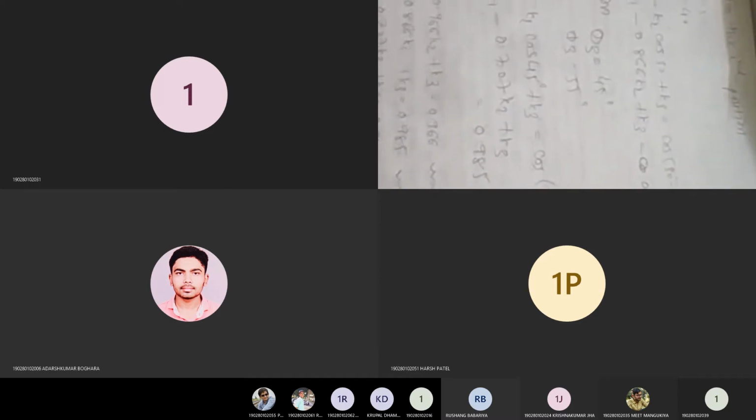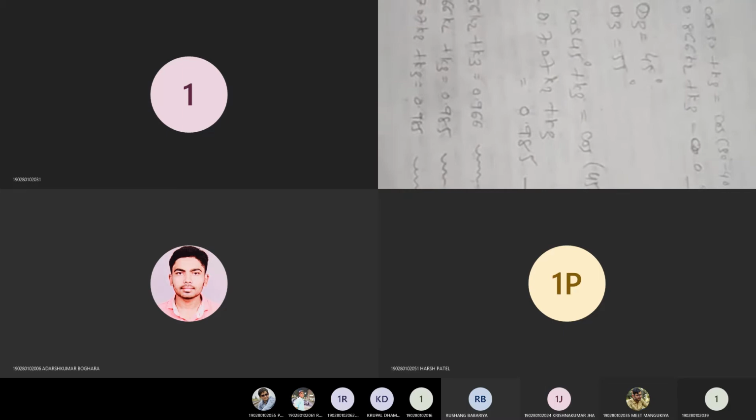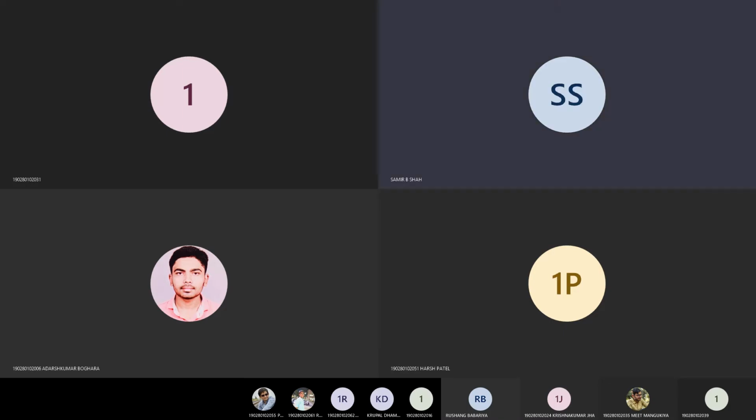So we are going for further. Just find the answer of K1, K2 and K3, where 0.866 K1 minus. If I am getting the answer, then I am going for the next stage that is very important for us.